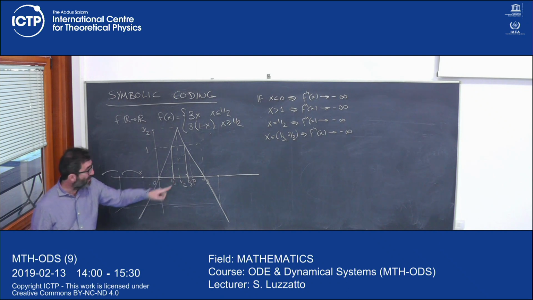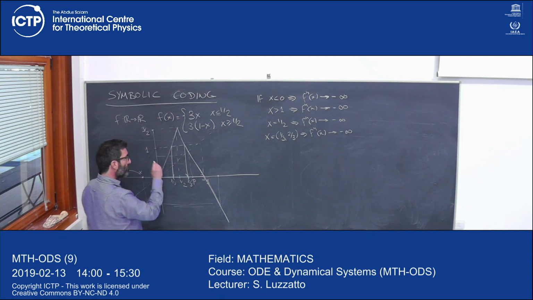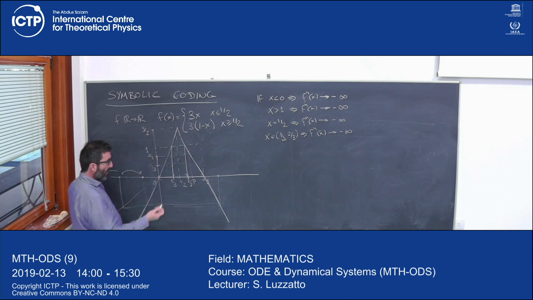Exactly, right? So the pre-image of this interval. So now, if you look at this interval here, 1/3, 2/3 is here, right? So all the points that map into this interval, they also escape.